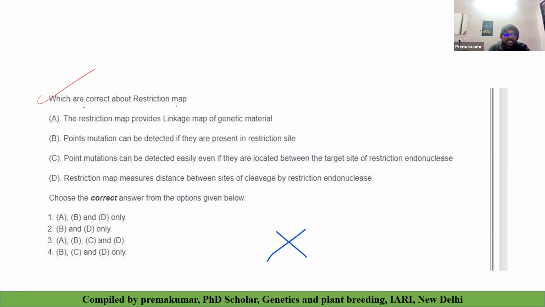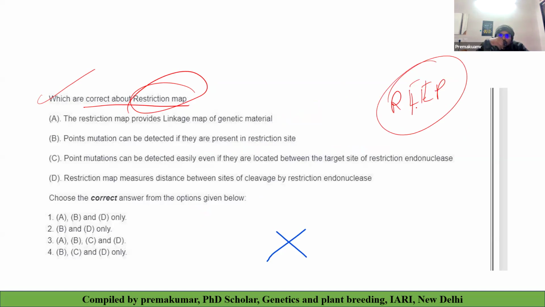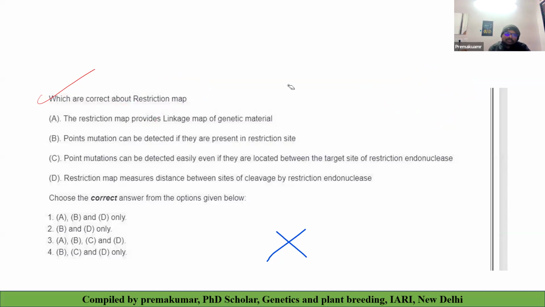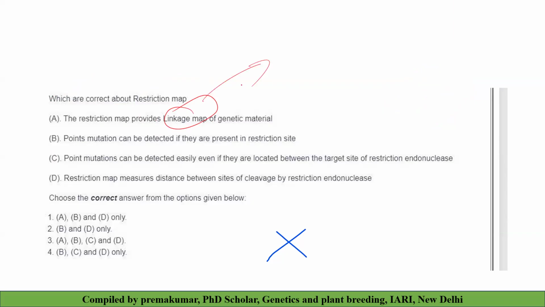Then what is correct about restriction map? You should tell this answer. I also discussed these things while discussing RFLP. How is a linkage map created? By three-point test cross, or you can use any markers, whatever they may be.